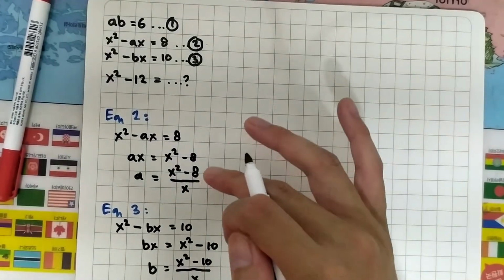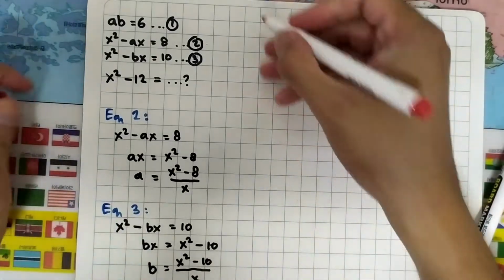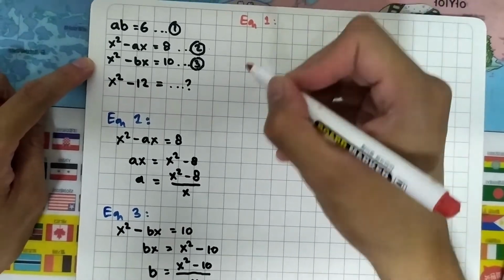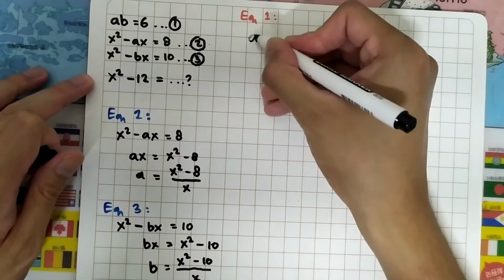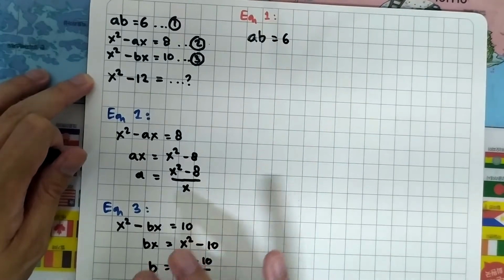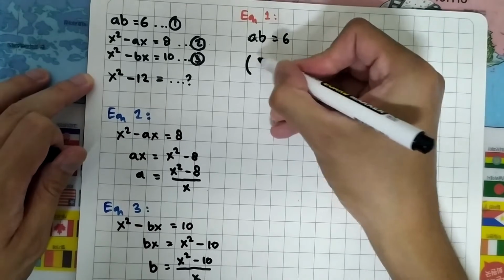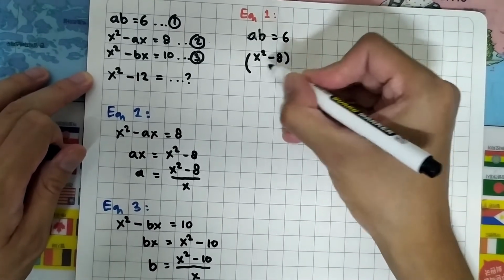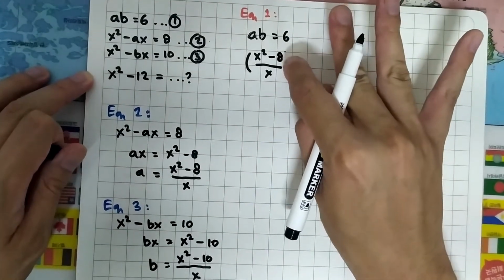Now we substitute this a and b into equation number 1. So let's move on to equation number 1. AB is equal to 6, and let's do the substitution. A is x squared minus 8 divided by x. Okay, the brackets, it's not large enough.